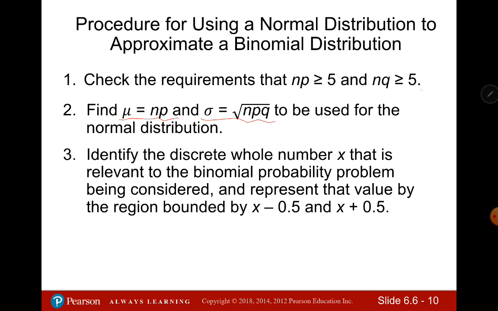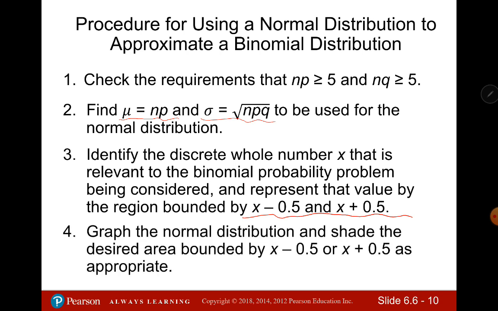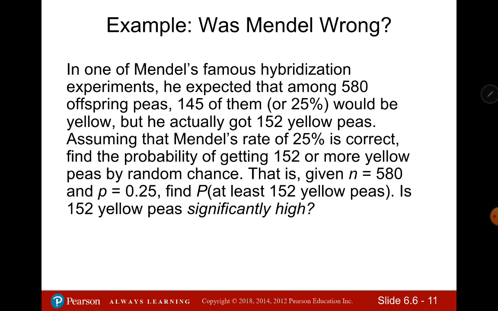If it is, we use the special formulas to get mu and sigma. Next, don't forget to convert your single x value to an interval by using the continuity correction. Maybe the last step is to sketch a graph to help you understand. Let's check the example.